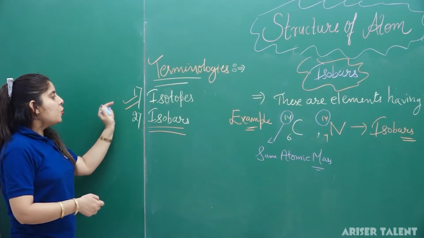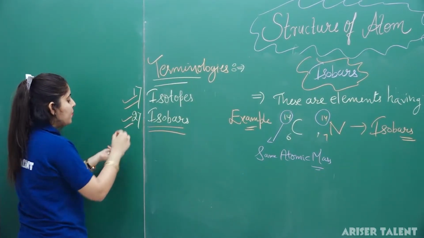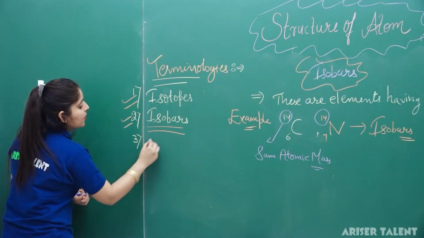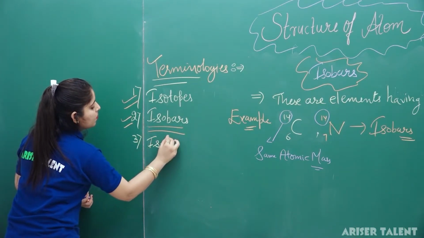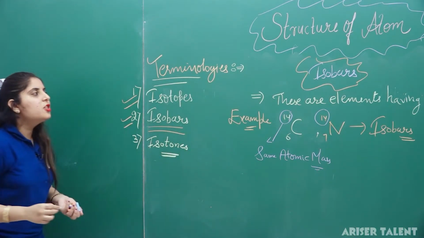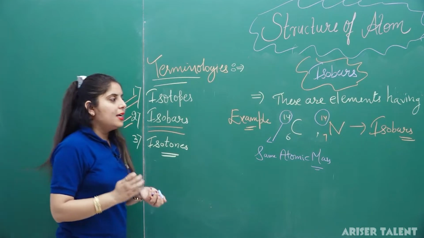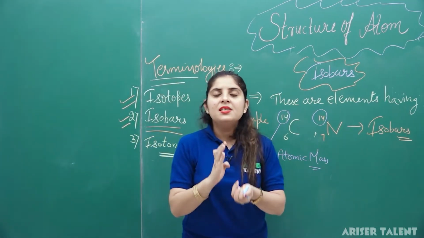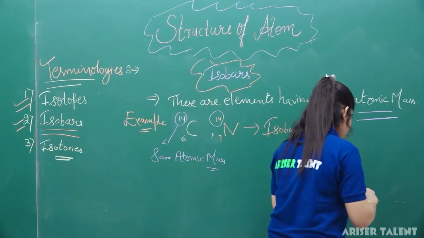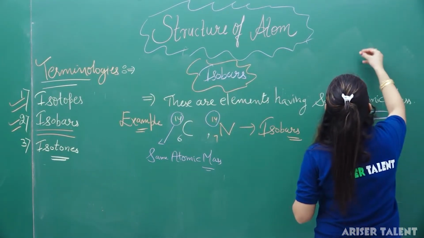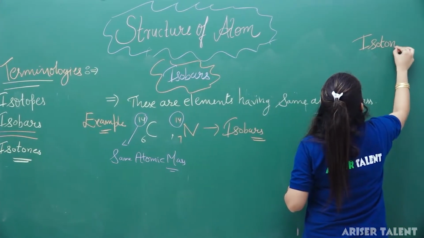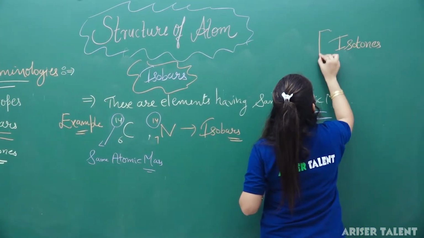So after isotopes and isobars, we are proceeding to our next term, that is isotones. What actually do isotones mean? Isotones means the elements having the same number of neutrons. We are on our third term, that is isotones.